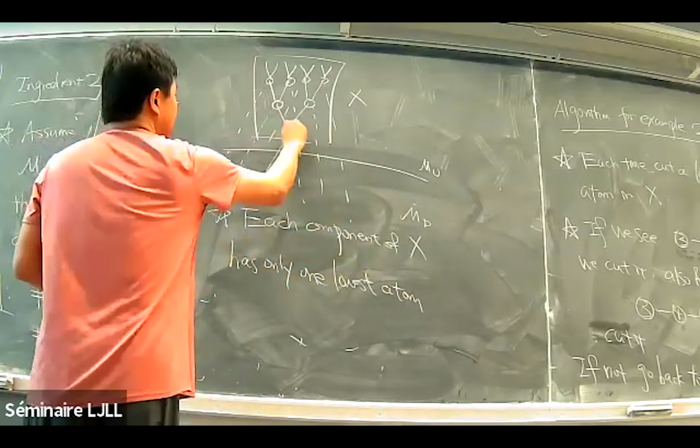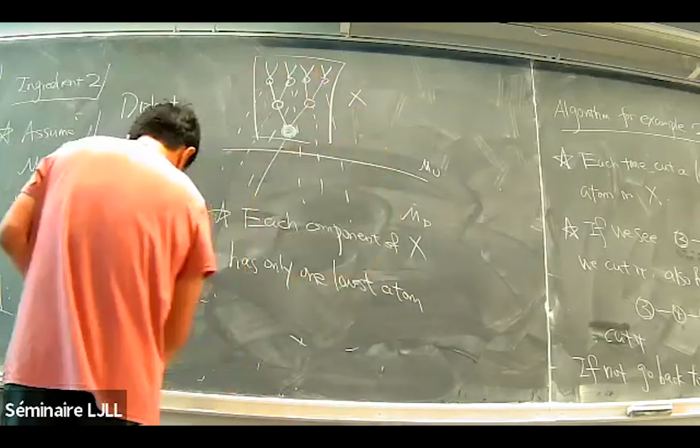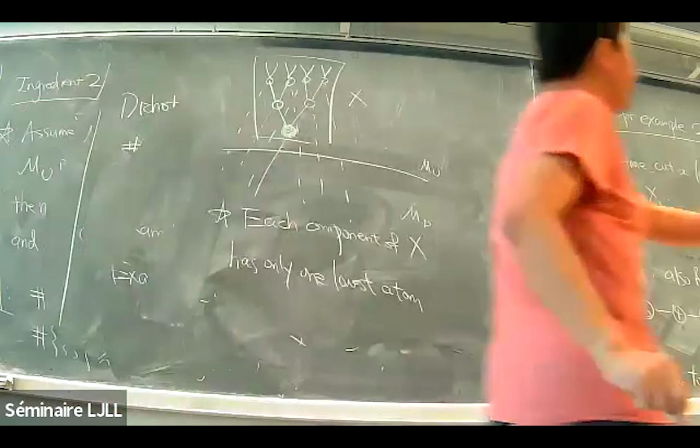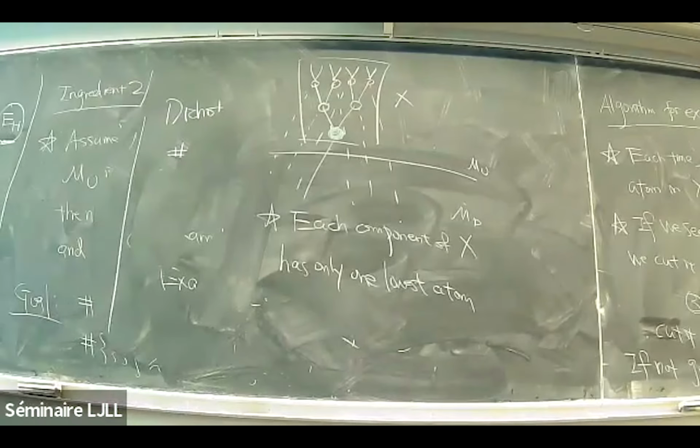Each component of X has only one lowest atom. This means that the number of lowest atoms in X is less than the number of components of X. And precisely by this dichotomy, we're assuming this number is negligible compared to rho.